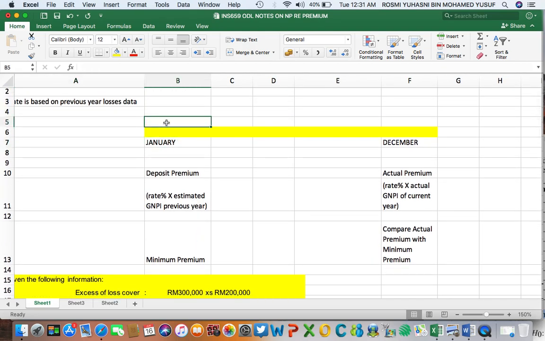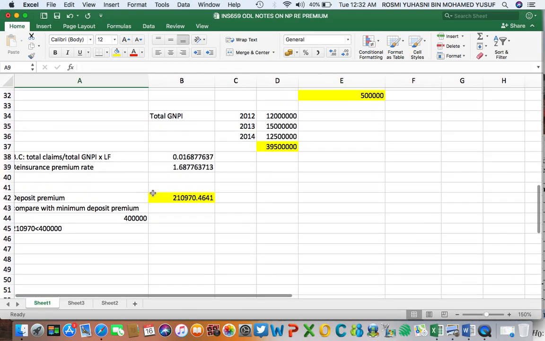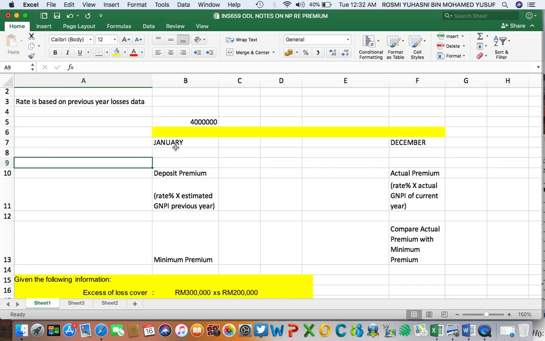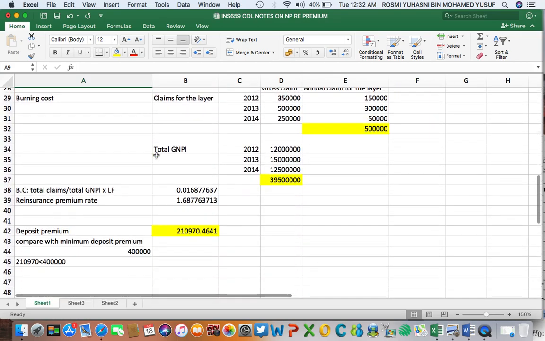So at the beginning of the year, the deposit premium is 400,000. You cannot take this amount as the deposit premium because this amount is less than the minimum deposit premium required by the reinsurer. So 400,000 will be the deposit premium at the beginning of the year.